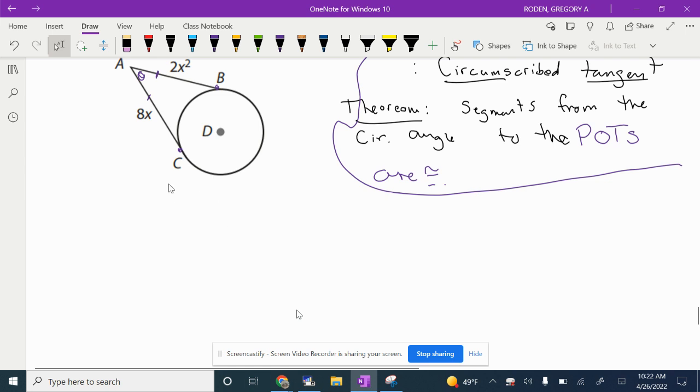Oh, it's Austin. Never mind. Austin, what's the equation we could write? 8x equals 2x. Okay, so 8x equals not 2x, but what? 2x squared. Now, Austin, this should take you back to your geometry days. This is what we call a quadratic equation.